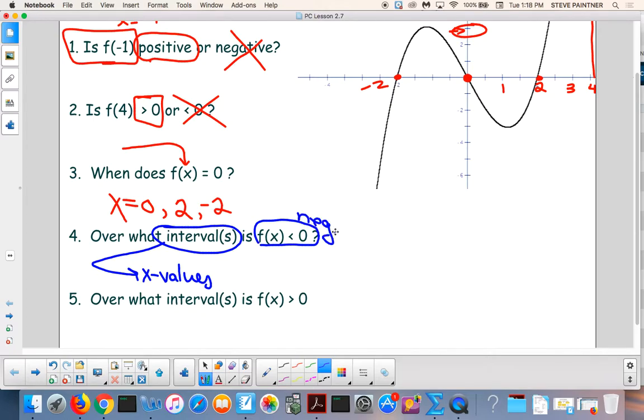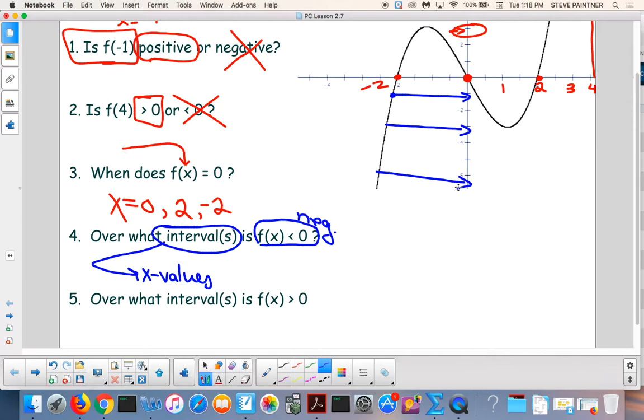Where do you get negative answers? Look at your graph. On the bottom, below the x-axis. Pick a point below the x-axis. That's your negative answer. So when is your answer going to be negative? Anything below the x-axis. But I asked you for what x values.